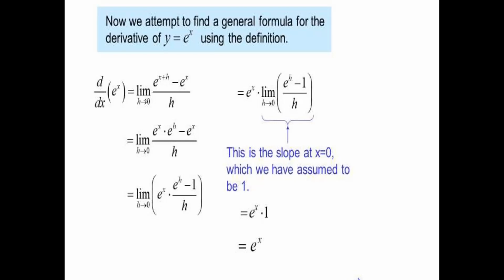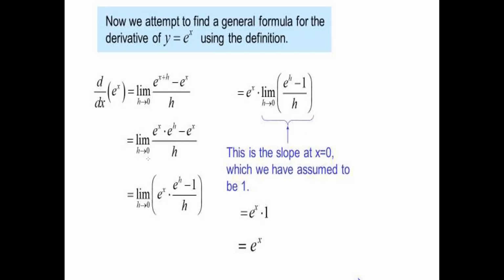This is nothing but limit h tends to 0, e to the power x plus h minus e to the power x divided by h. Now here h is the running variable. So for any fixed x, we can take e to the power x outside of this limit, since h is the running variable.